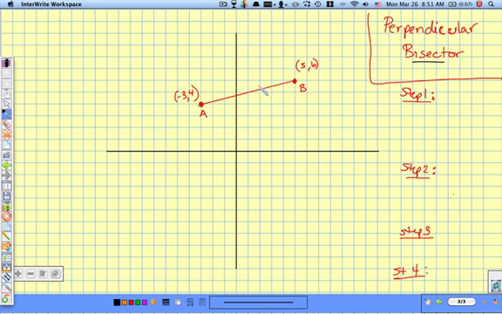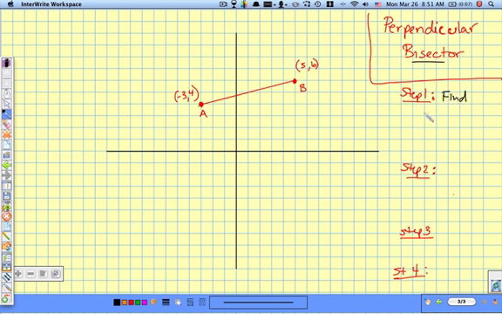We need to find the midpoint of AB. Because think about a line that's going to go through AB right now that bisects it. So right around in here, okay? And it's perpendicular. So we have to find that exact line. We can't guess. Okay? So step 1 is find the midpoint of the line segment.